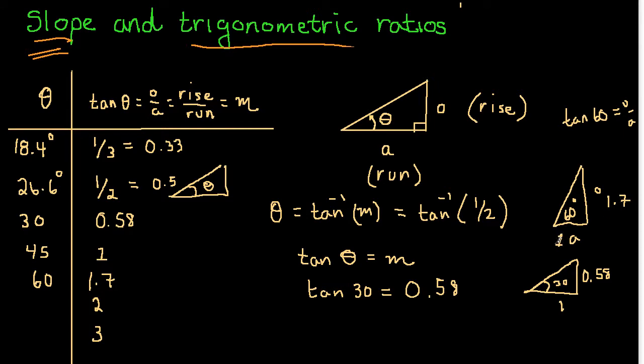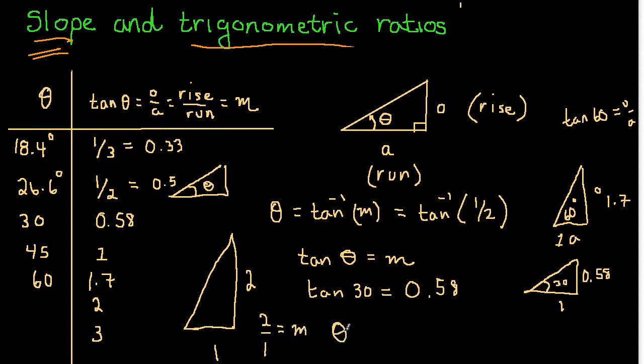So 1.7 to 1. Okay, what if I have a triangle where the rise is twice as big as the run? So that means the rise over run is 2 over 1, or 2. So that's equal to my slope.